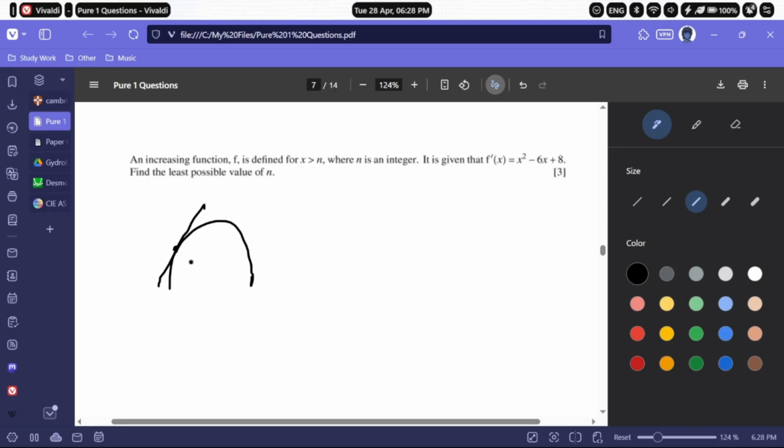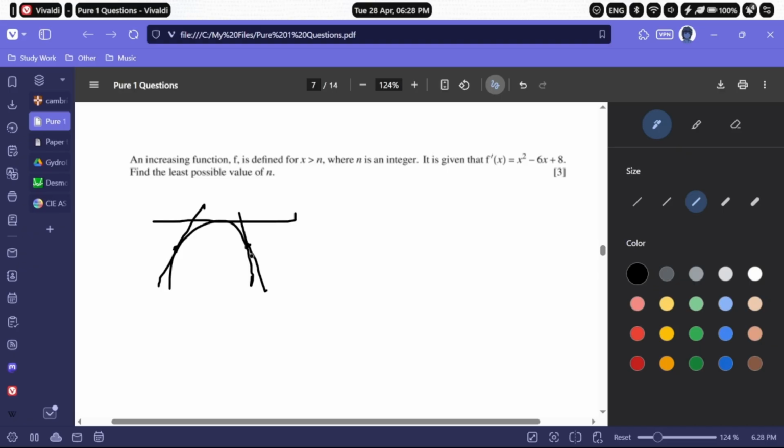In this case, the gradient is obviously positive, right? Now, if you look at the gradient at the turning point, your gradient would be 0, and then your gradient would be negative after you move ahead, for example, at a point like this.